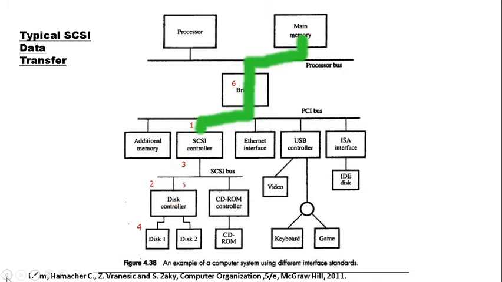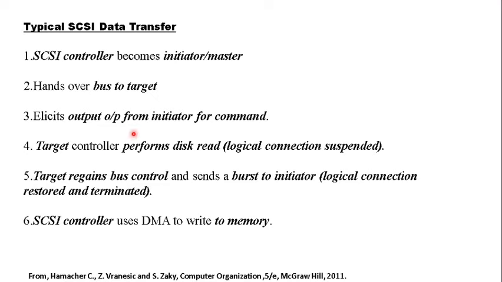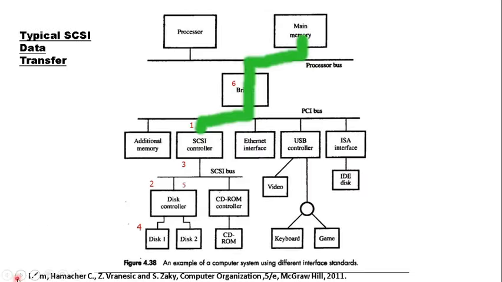That happens through an output operation: the disk controller requests an output operation from the SCSI controller, and that output is the command from the SCSI controller to the target about what the target is supposed to do. Once step 3 is done, the command is issued by the SCSI controller to the disk controller about what operation has to be done. In the 4th step, the disk controller will try to perform that operation.